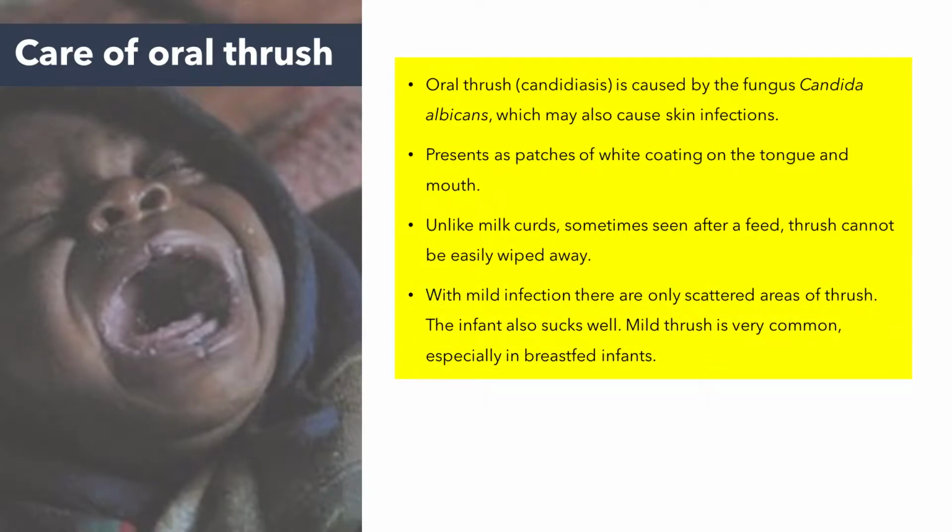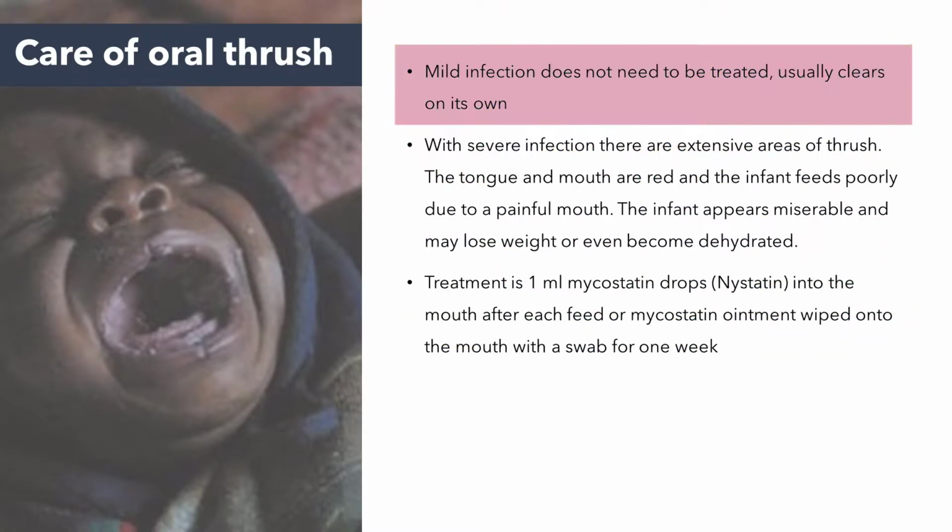With mild infection, there are only scattered areas of thrush. The infant almost sucks well. Mild thrush is very common, especially in breastfed infants. Mild infection does not need to be treated, and usually clears on its own.